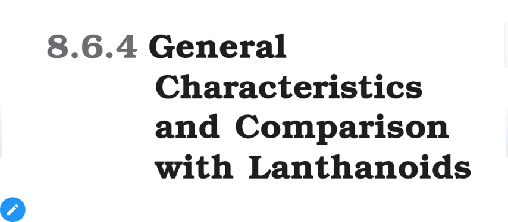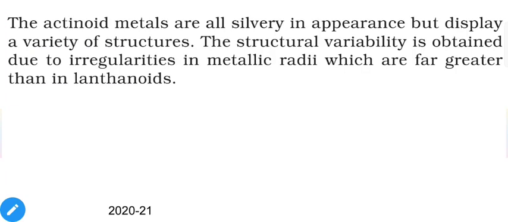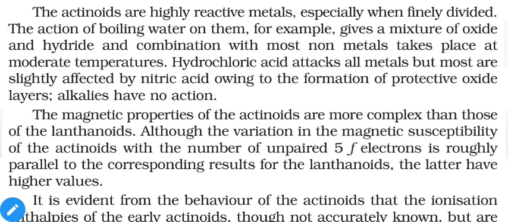General characteristics and comparison with lanthanoids. The actinoid metals are all silvery in appearance but display a variety of structures, and structural variability is obtained due to the irregularities in metallic radii, which are far greater than in the lanthanoids. Actinoids are highly reactive metals, especially in finely divided powder form.